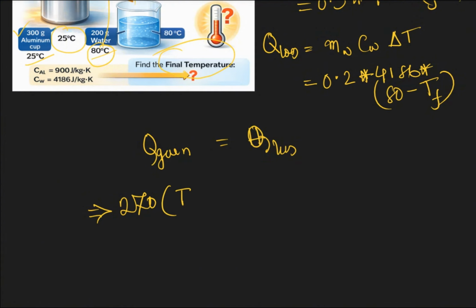So TF minus 25 is equal to 0.2 times 4186, which is 837.2, and 80 minus TF, right?